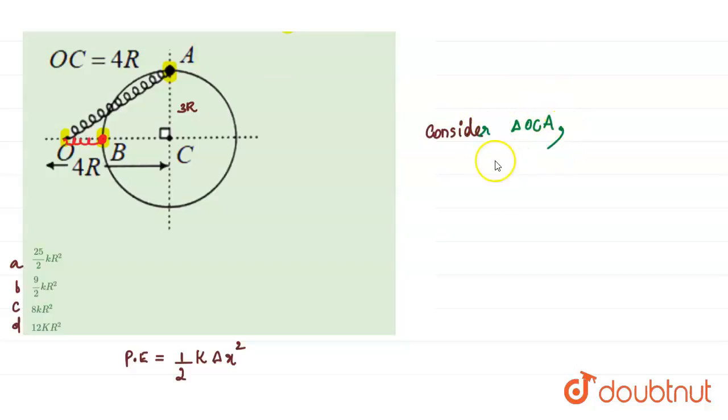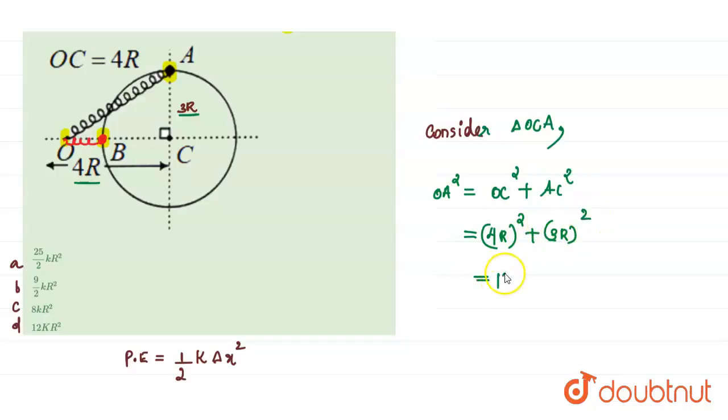Right triangle OCA. See, AC is 3R, and OC is given as 4R. So we can calculate OA. OA is the hypotenuse, so OA square is equal to base square plus altitude square. OC is 4R, so 4R square plus AC, the altitude, 3R square.